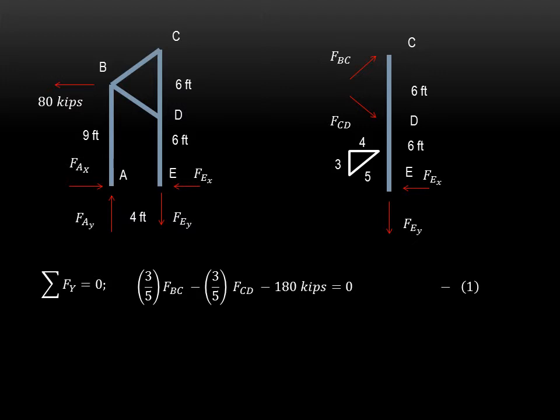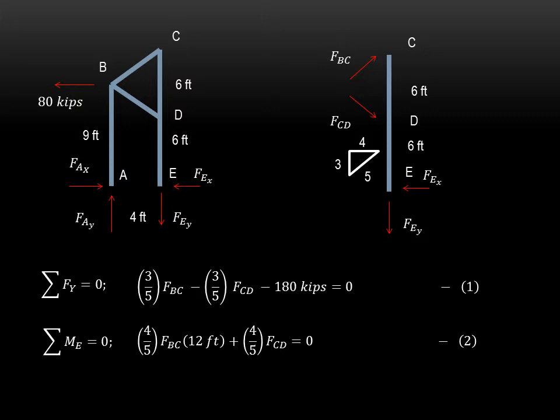Since we already know that we cannot use point C or D as a moment center, nor the force equation with respect to x, for it has an unknown F sub x, we can try to use point E as a moment center in order to find the relationship of the two forces that we are to find.